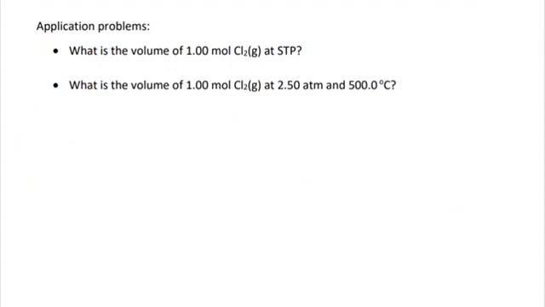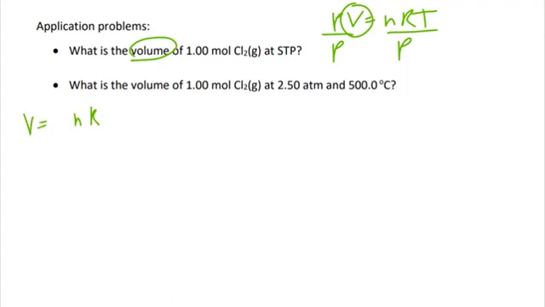So let's try a couple of problems here. What is the volume? Remember, we're using PV equals nRT. It says, what's the volume? That means I need volume by itself, so I'm going to divide both sides by P. I'm going to say volume is equal to nRT divided by pressure.